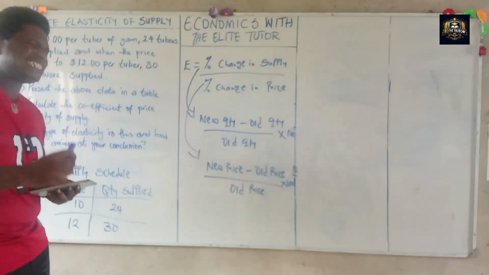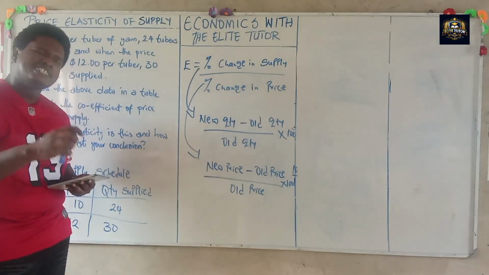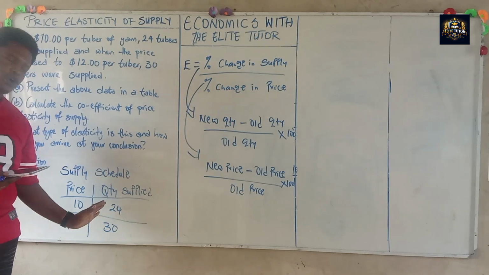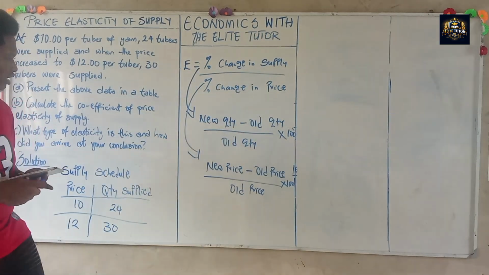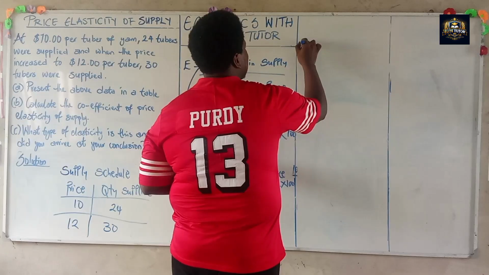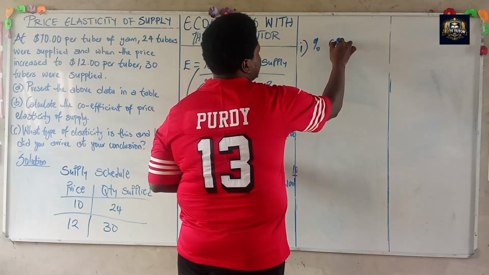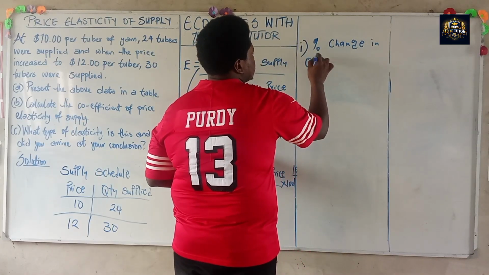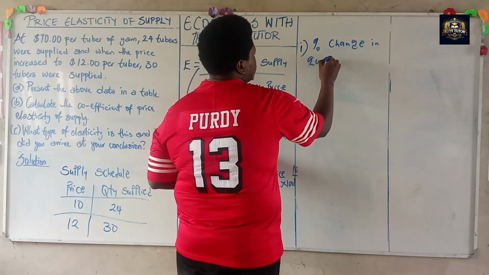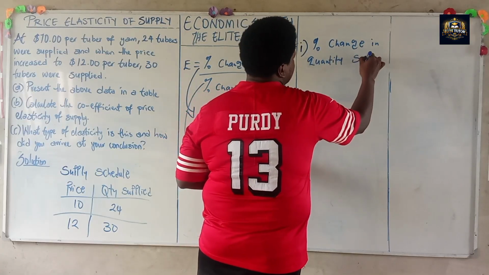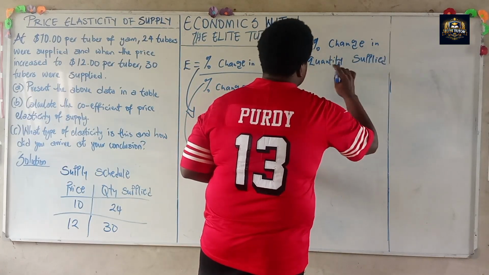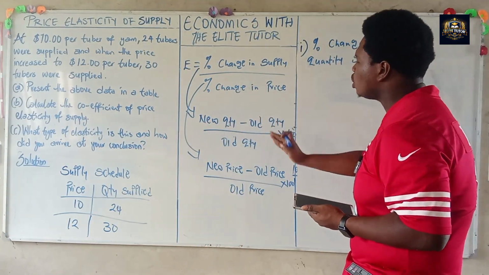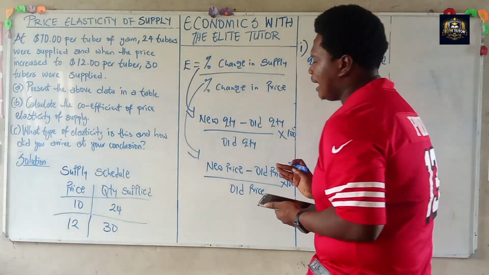Now, first of all, let's determine our percentage change in quantity supplied. When we want to do that, our focus is on the quantity supplied column. So we want to ascertain the percentage change in quantity supplied, based on a formula: new quantity minus old quantity divided by old quantity, multiplied by 100.